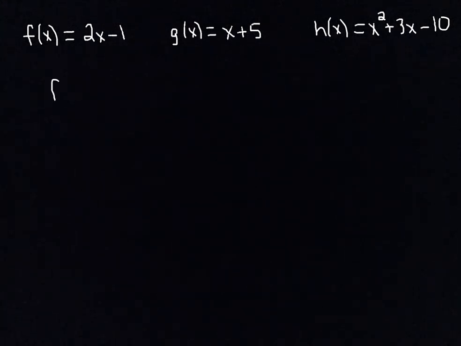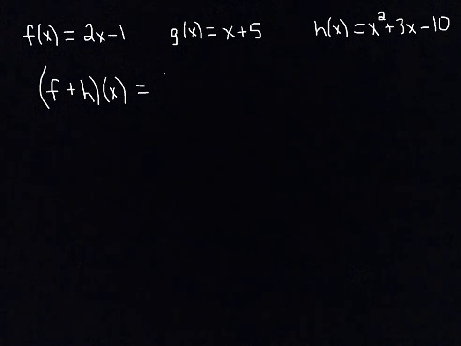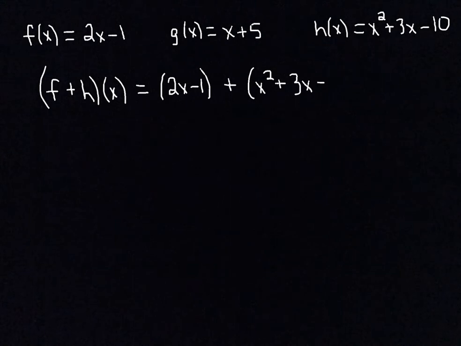So this time let's say we have f plus h of x. So again we just say, well, this is f of x, which is 2x minus 1, plus h of x. And h of x is x squared plus 3x minus 10. Now let's add these things together.